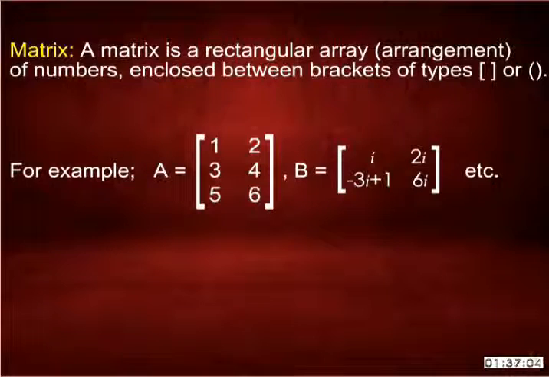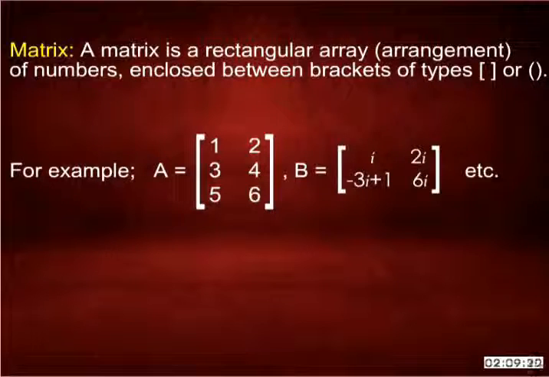For example, A is a matrix whose first row elements are 1, 2, second row elements are 3, 4 and third row elements are 5, 6. Another matrix B is a matrix whose first row elements are iota and 2 iota. Second row elements are -3 iota plus 1 and 6 iota.